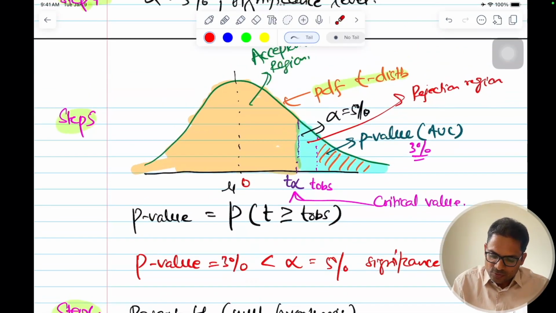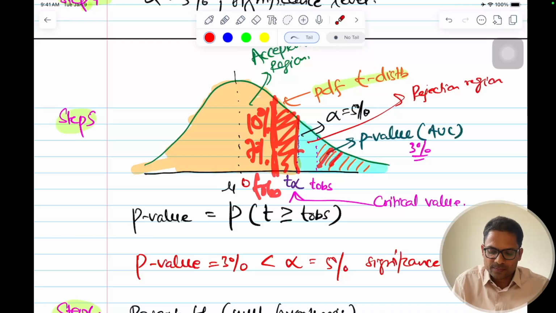So we discussed the critical value, beyond which the area under the curve is equal to the significance level. If my t observed is towards the right of it, in this case, then automatically the area under the curve will be less than the significance level, and I will reject it. If my t observed was here somewhere, then the area under the curve will become greater than 5%, say 7% or maybe 10%, right?